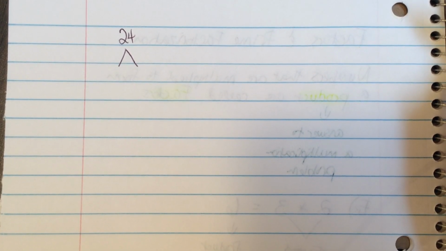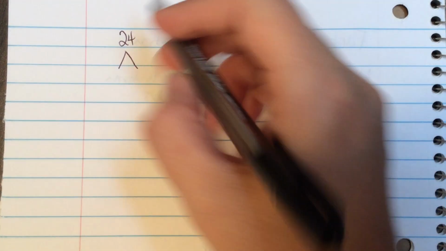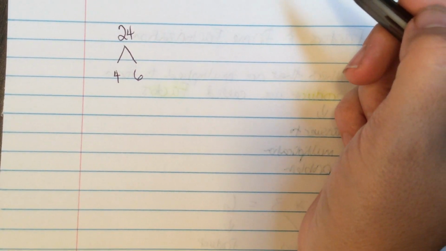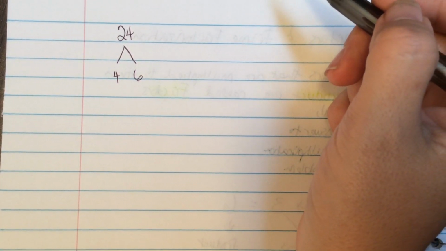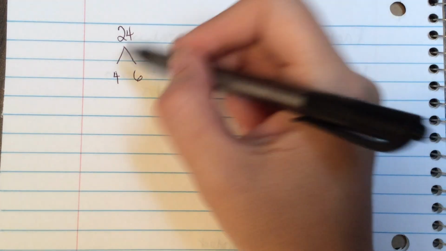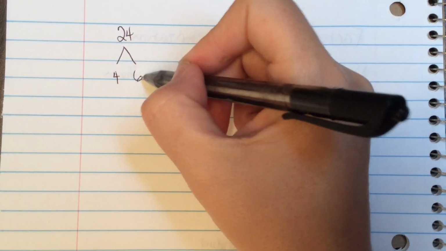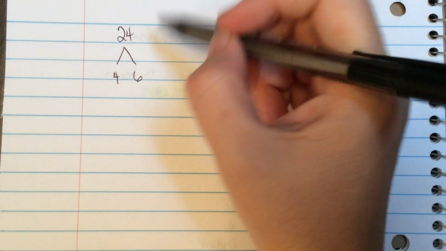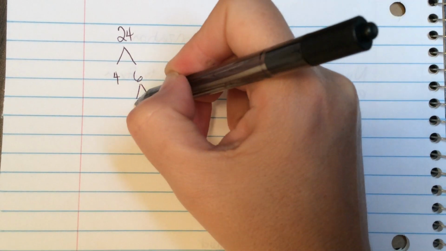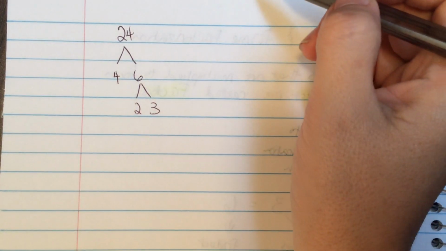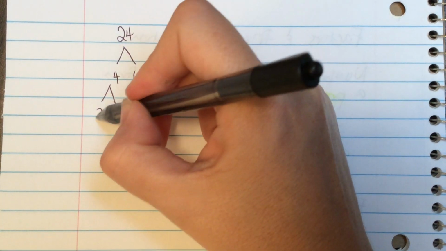So think in your head of 2 numbers that multiply to give you 24, and you probably said either 4 and 6 or 3 and 8, maybe 2 and 12, but it doesn't matter. I just chose 4 and 6. 4 times 6 is 24. These are both composite because they'll break down further. 6 is 2 times 3, and 4 is 2 times 2.